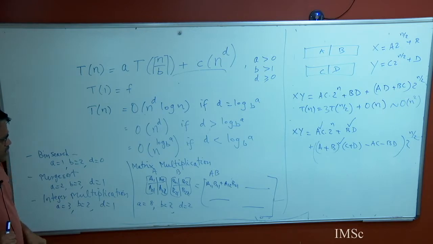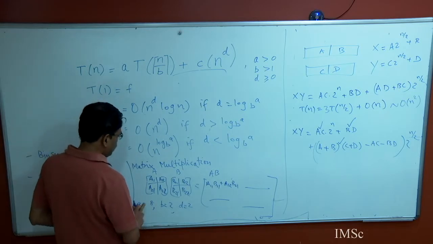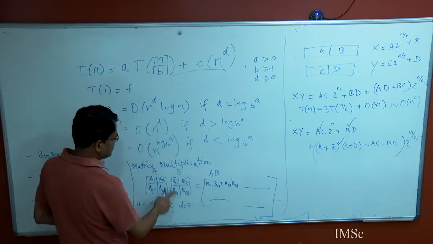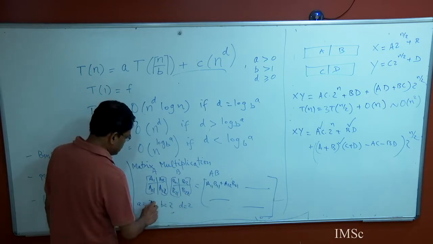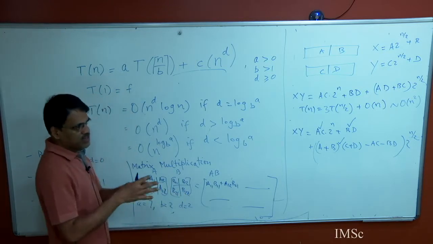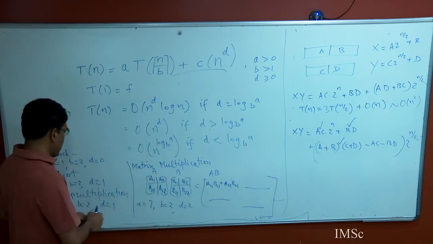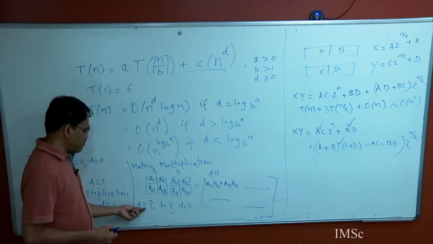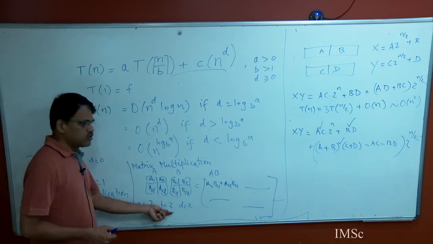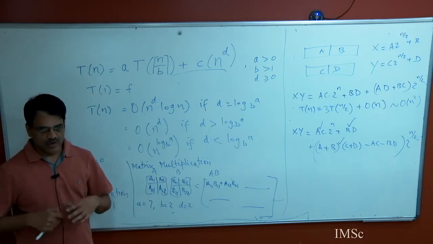However, a guy named Strassen long ago came up with a way to multiply two 2 by 2 matrices using not 8 multiplications but 7 multiplications with a lot of additions, but still something small. And now if you apply that recursively, you get an algorithm whose running time is n power 7 to the base 2, which is better than 3, right, which is 2.81.